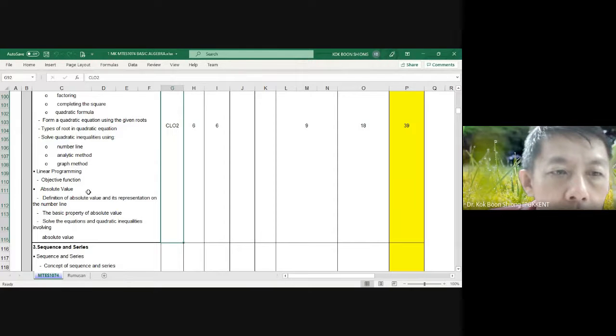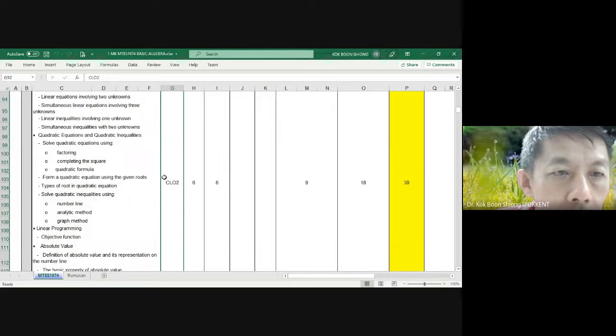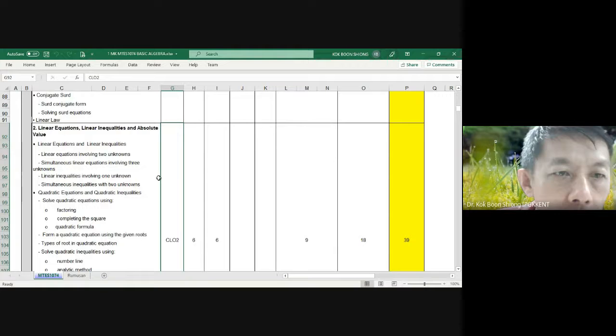So we already went through the subtopic of linear programming. We have 12 hours for the second topic, and now we go back to the first subtopic, linear equations, until linear inequalities for this week.